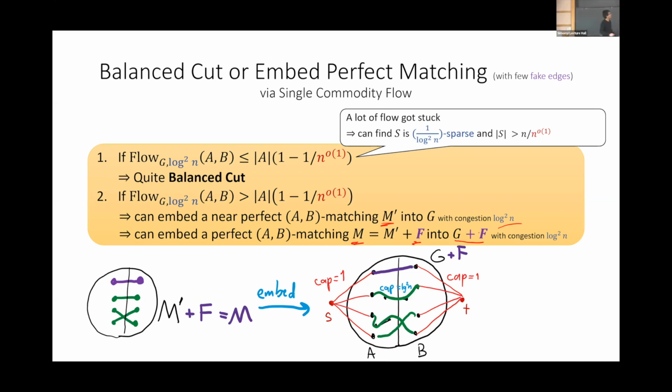I just said that here I can embed a near perfect matching, the green thing, into G. But if I really want to embed a perfect matching, I can just add fake edges here, and artificially add the same fake edge here. Then this perfect matching can be embedded into G plus the fake edges.